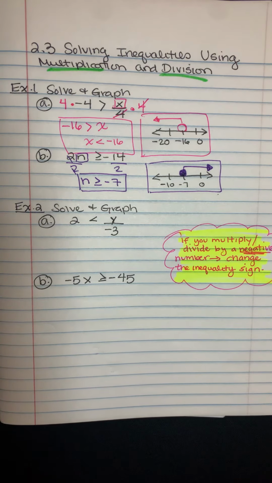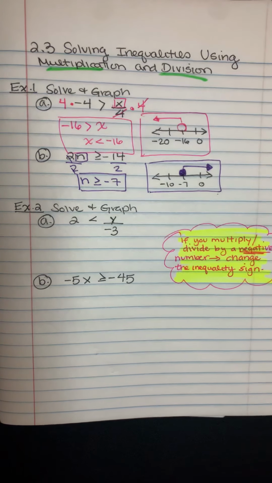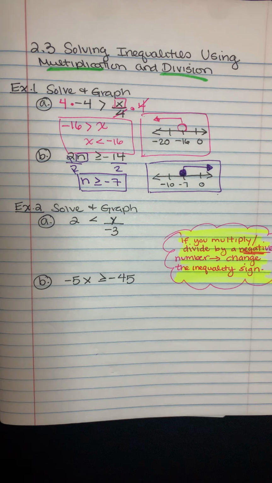Okay, there's something special about example 2. Pay close attention, students, especially in 2.3, especially if you have a quiz or a test. It's not going to tell you, oh, this is from 2.3. It's going to basically say solve and graph. So if you encounter something like example 2A and B in this little cloud area, please write it down.